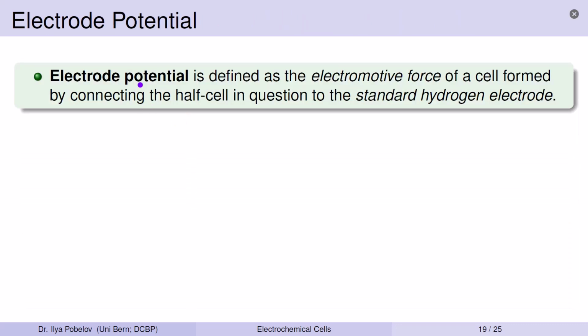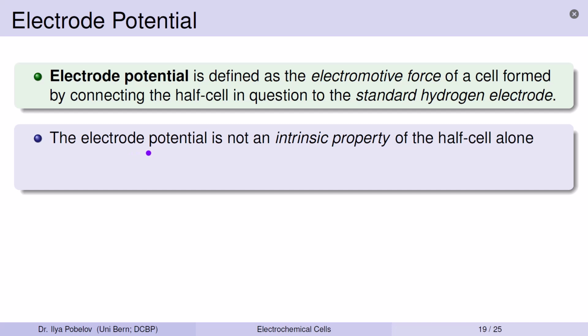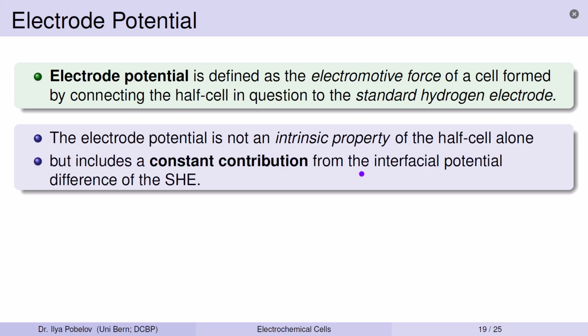Electrode potential is defined as the electromotive force of a cell formed by connecting the half cell in question to the standard hydrogen electrode. This definition implies that the electrode potential is not an intrinsic property of the half cell alone, but includes a constant contribution from the interfacial potential difference of the standard hydrogen electrode.